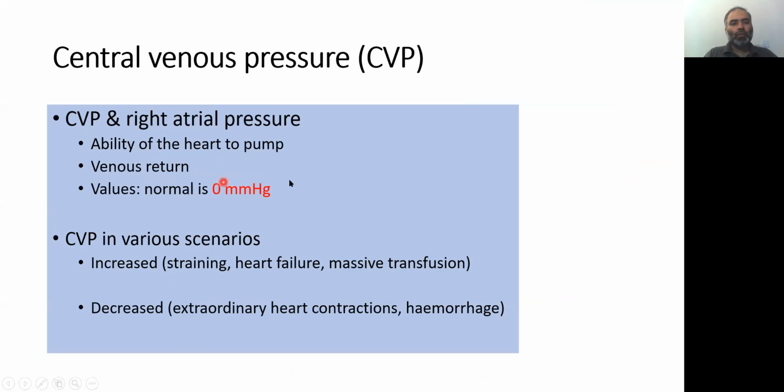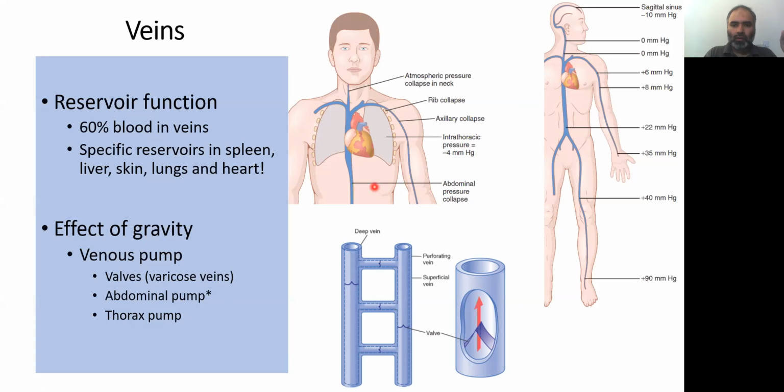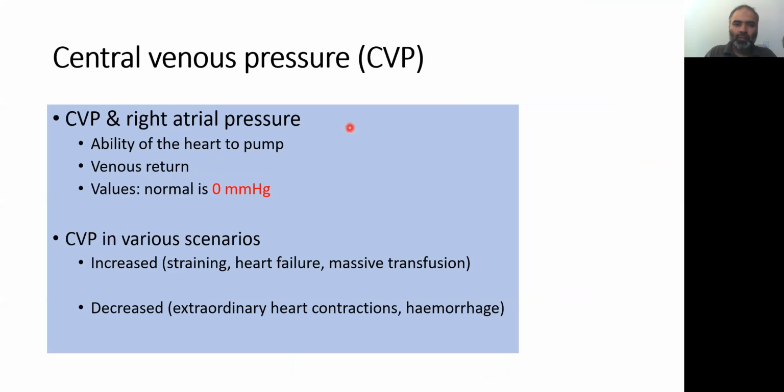Now, coming to central venous pressure. Central venous pressure, very basically, is the pressure right here where the superior or inferior vena cava enter the right atrium. So the right atrium's pressure is called central venous pressure. Okay.